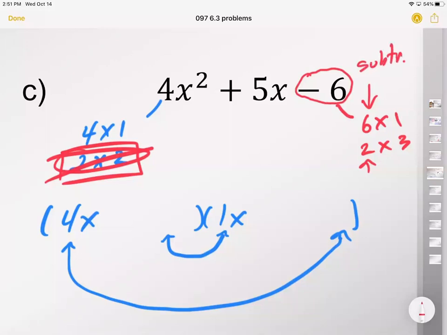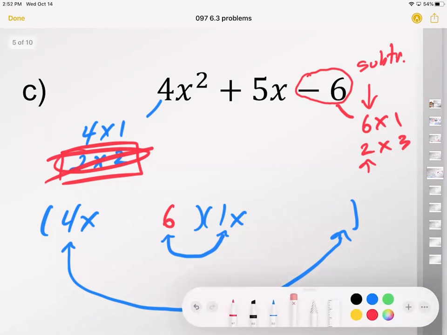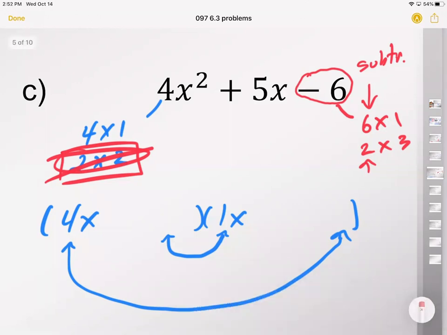So if I look at this, can I use the 6 and the 1? Well, clearly we cannot put the 6 here. Hopefully it's clear to you guys that we cannot put the 6 there. The reason is the 4 and the 6 have a common divider. And if they have a common divider, they cannot be in the same parenthesis. And if we cannot put a 6 there, we have to put the 6 here.